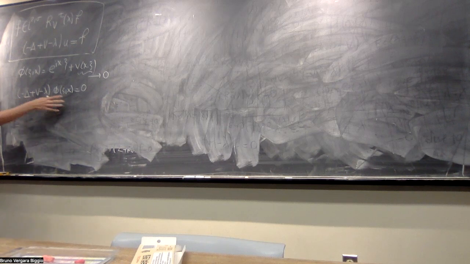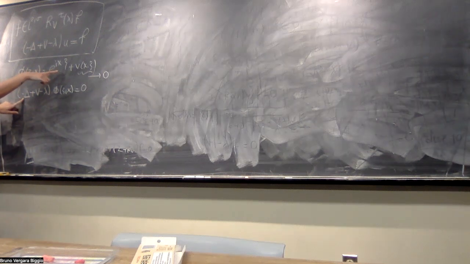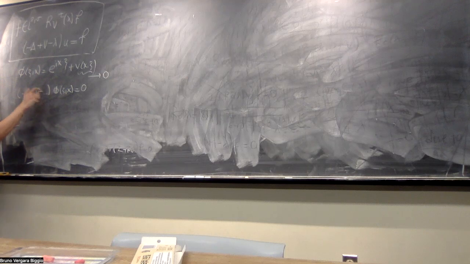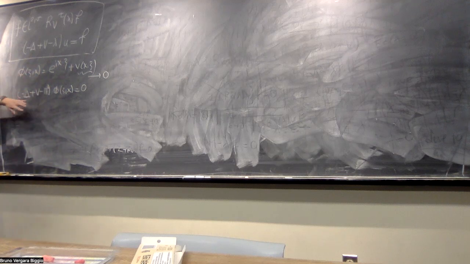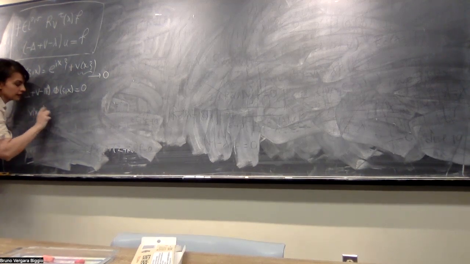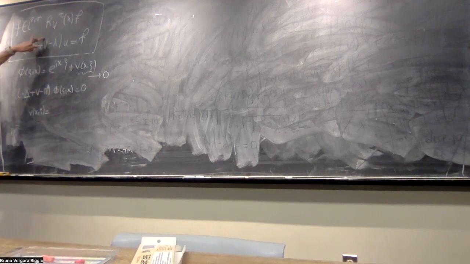Now, what happens is, I know that minus Laplacian minus lambda, which is xi squared, acts on the plane wave and gives me 0. So in particular, I can solve for my v of x and xi.